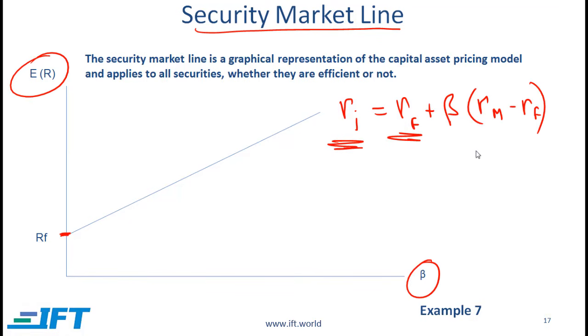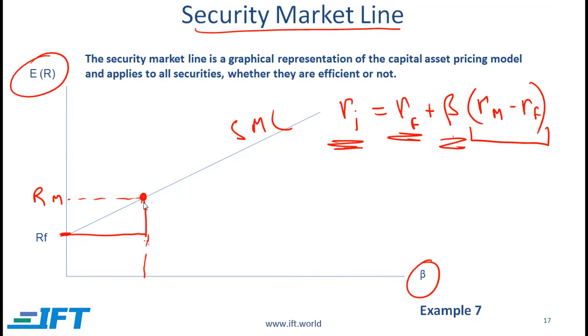The x-axis is beta, which means that Rm minus Rf is the slope. So the slope of the security market line is the market risk premium, which is return on market minus risk-free rate. And to see why that's true, let's consider this point. Say this point represents the market return, so Rm. This point represents the risk of the market, which is 1.